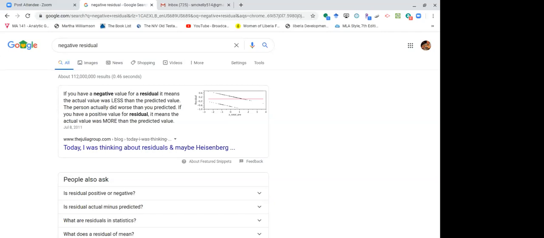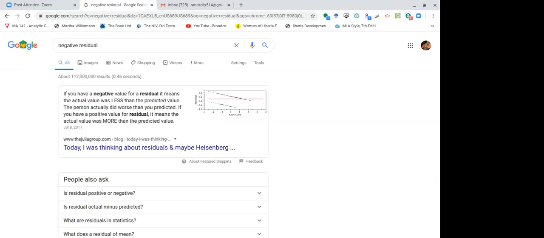The regression equation value was larger. So you thought that they would do better than they actually did.